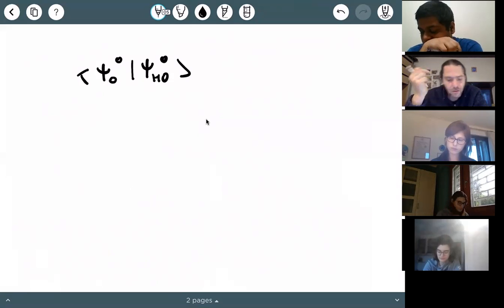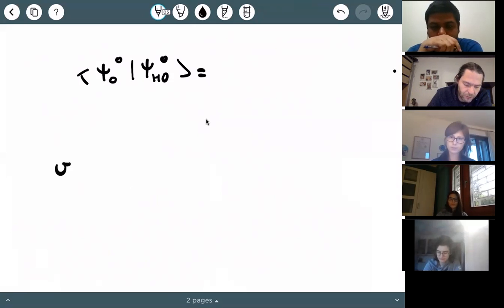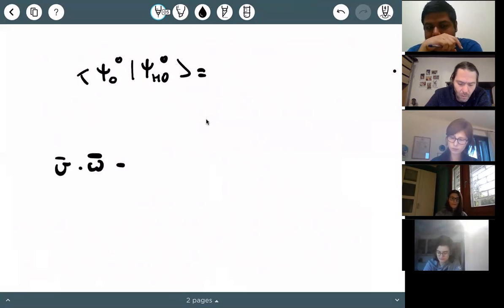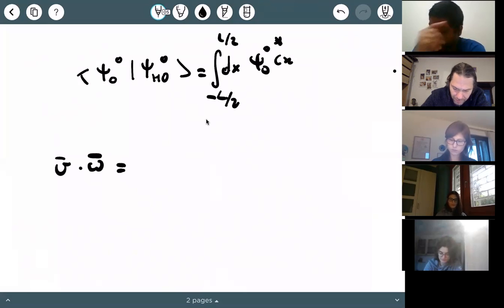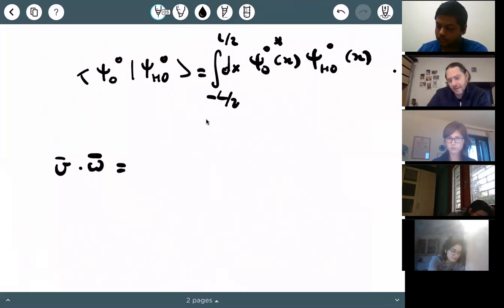Now, as usual, when I compute these things, in order to compute, I need to choose a representation. In coordinate representation, this would be the integral from minus L over 2 to L over 2 of psi naught naught star of x times psi HO naught of x.